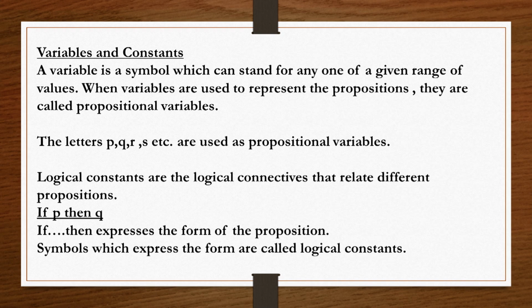They are used for propositions. These are propositional variables. But if then is the form of the proposition. If then, and, either or, if and only if, not both and: these are all the forms of propositions.